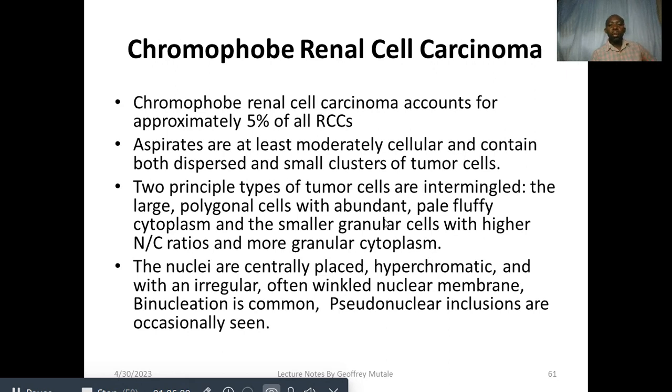And then the nuclei are centrally placed, they are hyperchromatic and with an irregular, often wrinkled nuclear membrane. Binucleation is common. Pseudonuclear inclusions are occasionally seen.